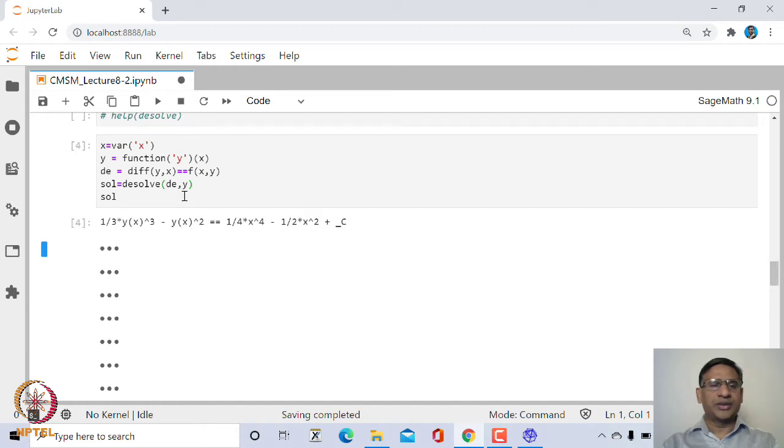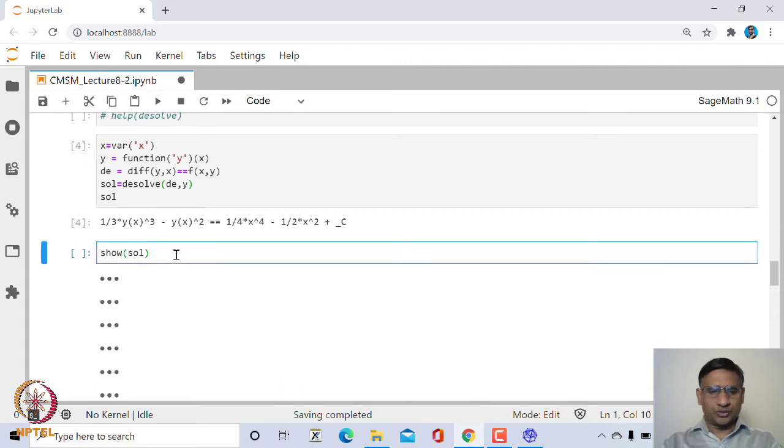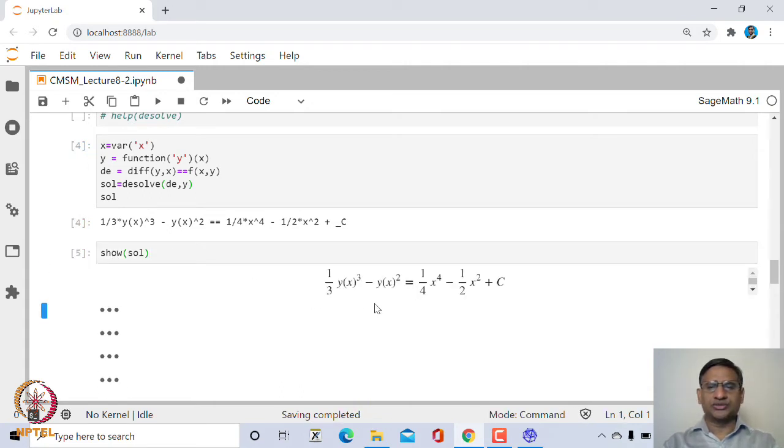This is the solution. It is a solution which is implicitly defined in x and y(x), and here this underscore c is actually the constant. Since it is a first order differential equation, it will have one constant. You can even ask it to show this solution, and it looks in pretty good form.